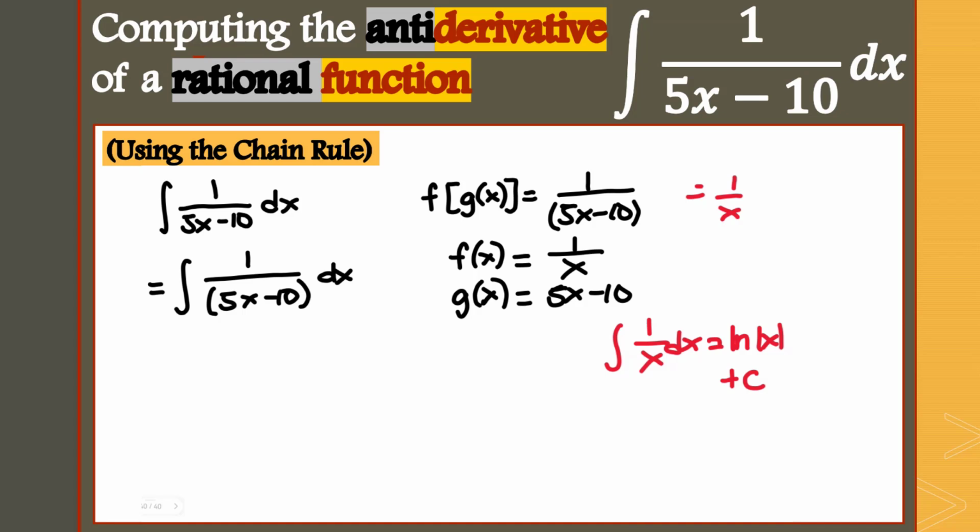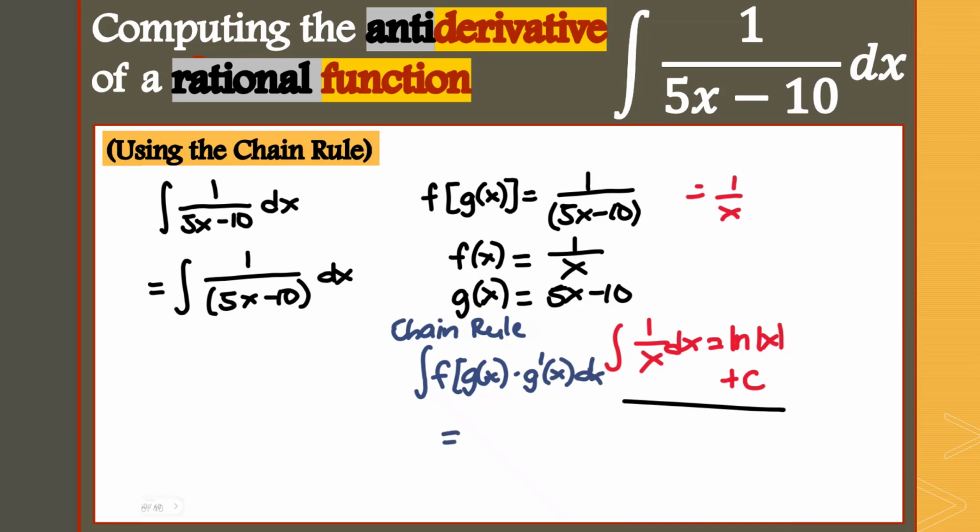The chain rule, don't forget, tells us that if we have a certain integral of f of g of x, before we can integrate that, we are going to include here g prime of x before dx, so that this will be equivalent to the antiderivative of your function f together with the g of x in itself plus c. But this would use this rule, not the rule of power.